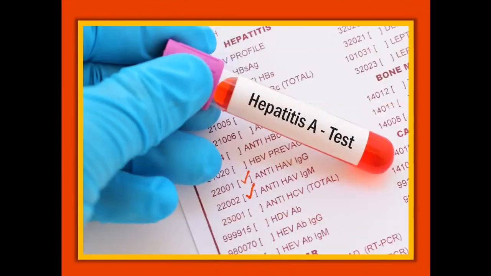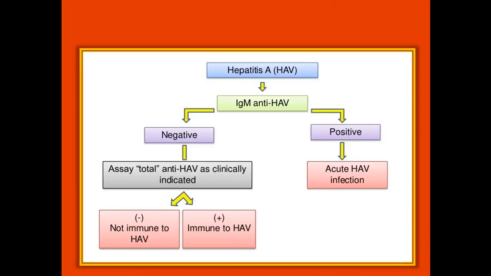Now, how we deal with and interpret the results of serology. If we suspect the patient has hepatitis A virus, send him for IgM anti-HAV. If it is positive, this means there is acute infection, of course. But what if this is negative? If this is negative, it may be, as we say, early in the course of disease, especially a few days after the symptoms appear, or we have to do a total anti-HAV, that means IgM and IgG.